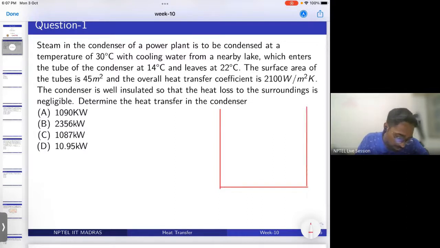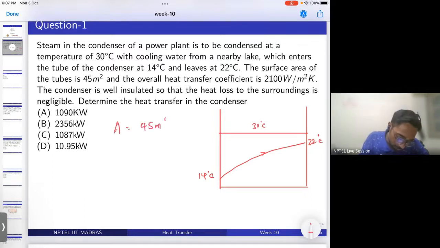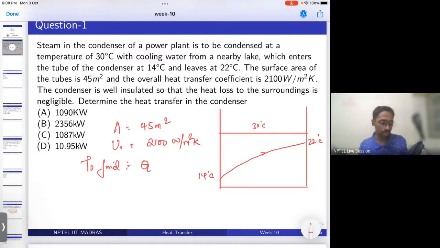Steam is condensing at 30 degrees Celsius, and the cooling water is entering at 14 degrees Celsius and leaving at 22 degrees Celsius. The surface area is given as 45 square meters, and the overall heat transfer coefficient is given per square meter. We need to find Q, the heat transfer in the condenser.